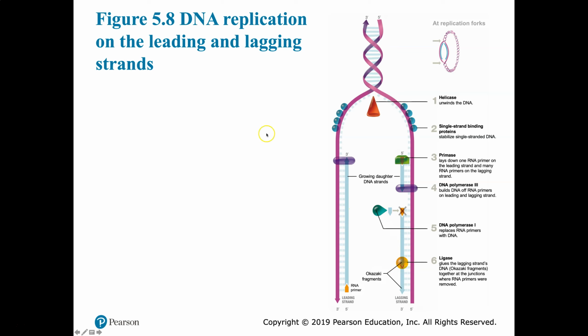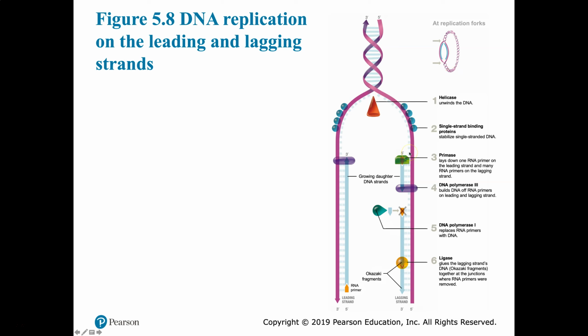Here's a closer look at a replication fork. This is one replication fork. Obviously, if this is the one facing up, that's fine, but there's also one facing downward. Now you can see there are two strands.